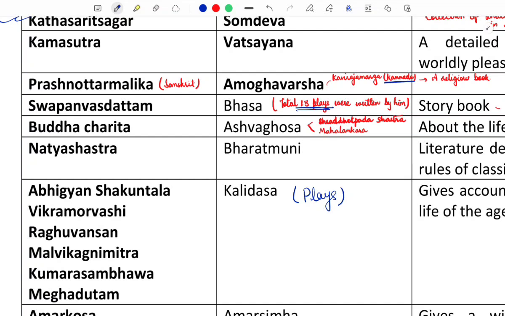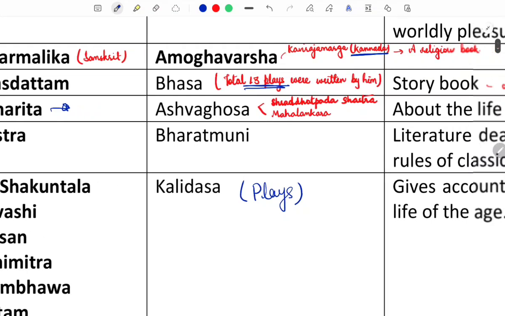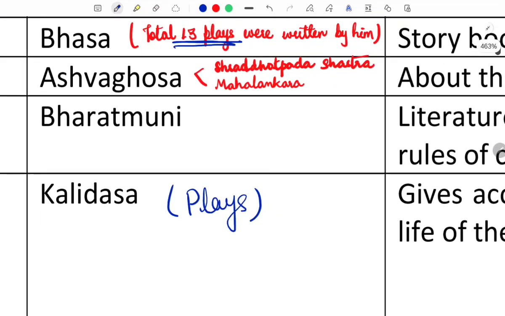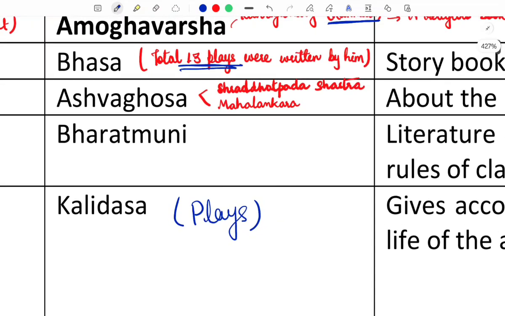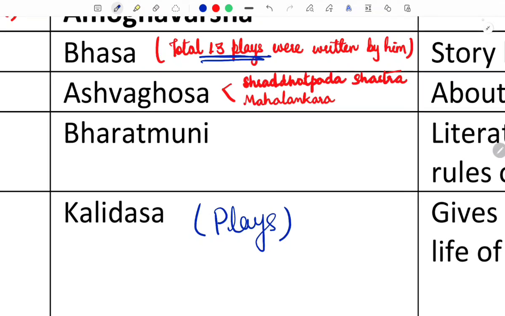Apart from that, Ashwaghosa wrote many works, and Buddha Charita is a Buddhist text. Later on also I have mentioned it. So Ashwaghosa wrote Buddha Charita. Apart from that, he wrote Shraddhotpada Shastra and Mahalankara.